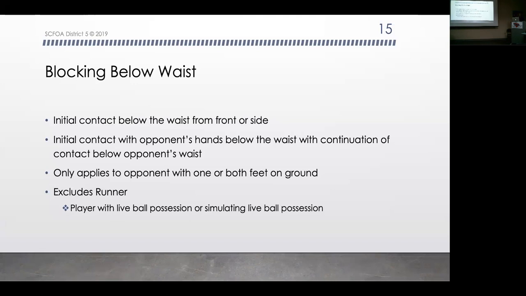So if the opponent jumps, then it's not considered a block below the waist. And again, this excludes a runner or a player simulating possession of a live or simulated runner. So this block is legal if it occurs in the free blocking zone. If it occurs outside the free blocking zone, then it's illegal.